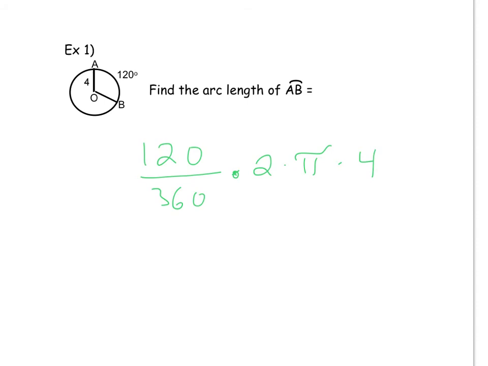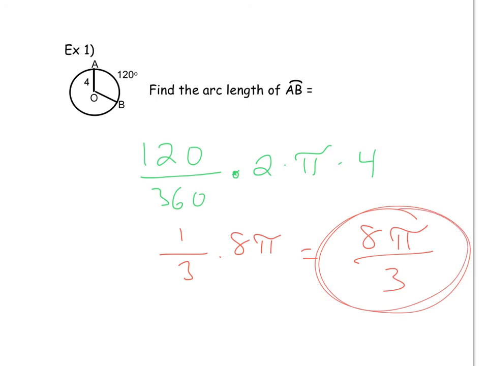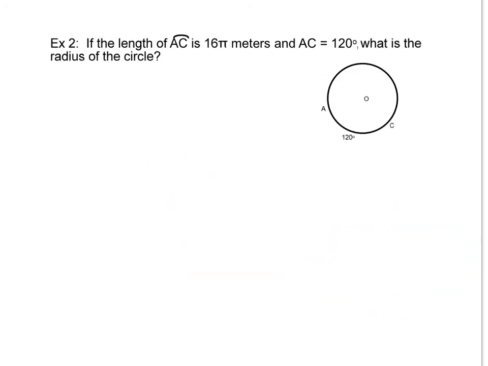Okay, 120 over 360 we know is 1/3 of our circle, so it's 1/3 times 2 times 4 pi, which is 8 pi over 3. There we go.